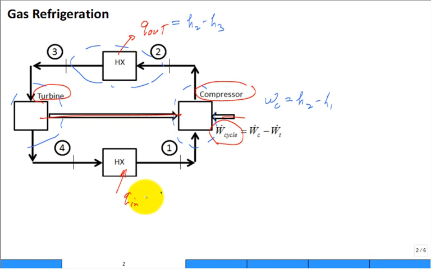The Q in will be H1 minus H4. And the work out of the turbine, on a per unit mass basis, everything here is on a per unit mass basis, is H3 minus H4. All those are positive entities because I know the direction of them. So the whole game is going to be getting those enthalpies to analyze this cycle. Very, very similar to what you've already done with the Brayton power cycle.